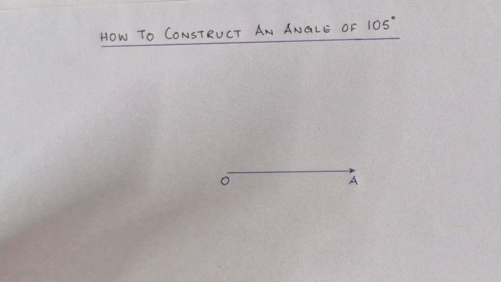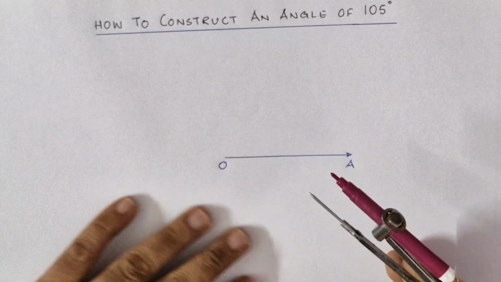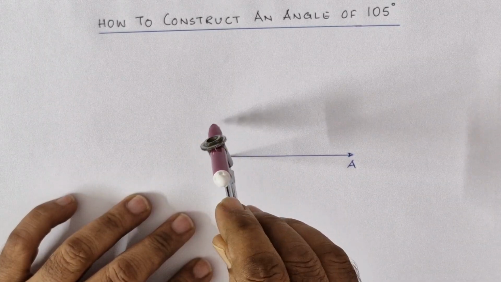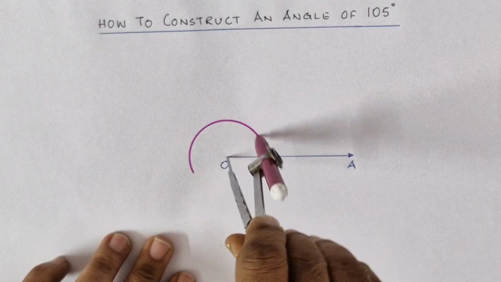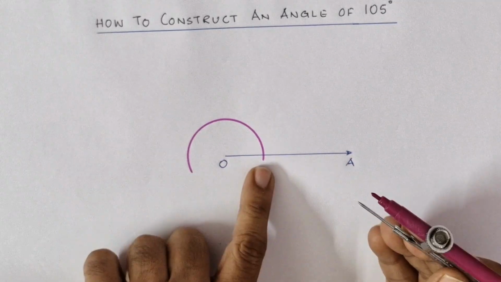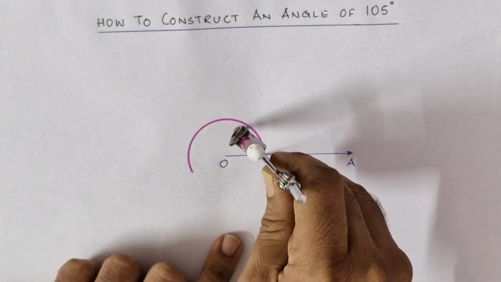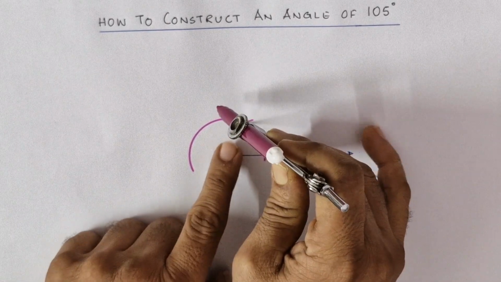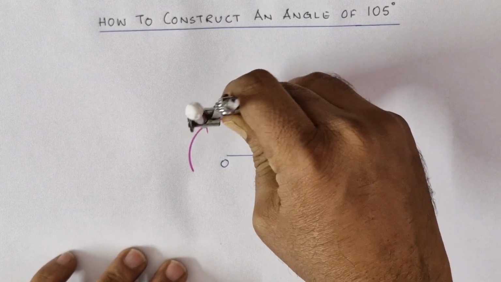We'll construct a 90 as usual. If you have watched my previous videos, you know how to construct an angle of 90 degree with a compass. Take any radius, point the needle of the compass to O, the vertex, and draw an arc. Point the needle to the intersection point here and draw the first arc, and then pointing the needle to the first intersection, draw the second arc.